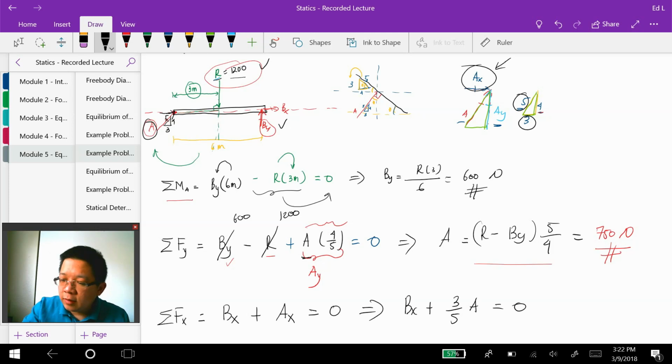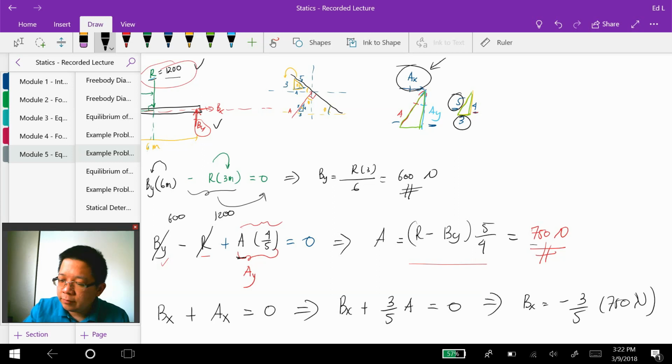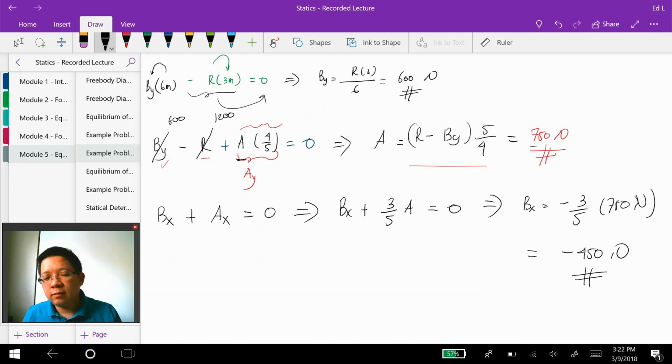We now know A, so we obtain that Bx is negative 3/5 times 750 Newton, which is negative 450 Newton.